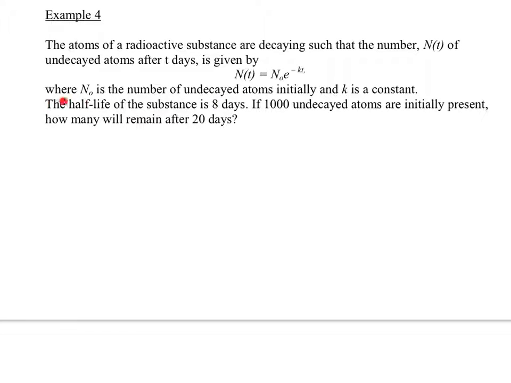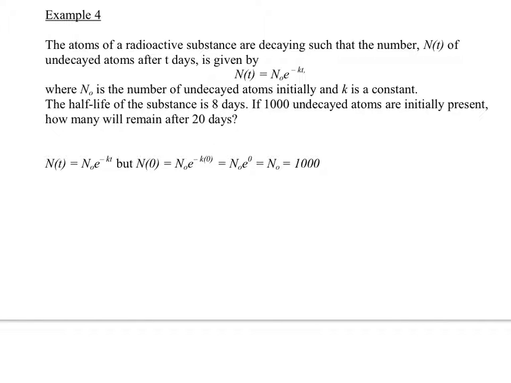That phrase means that every 8 days the number of undecayed atoms is going to halve. So we're told that there are 1,000 undecayed atoms to start with. That means we're going to have n naught equal to 1,000.